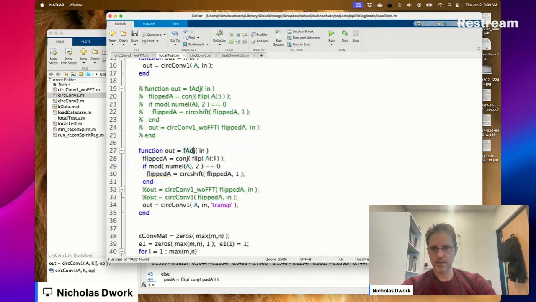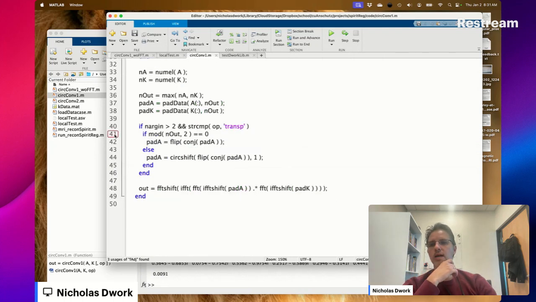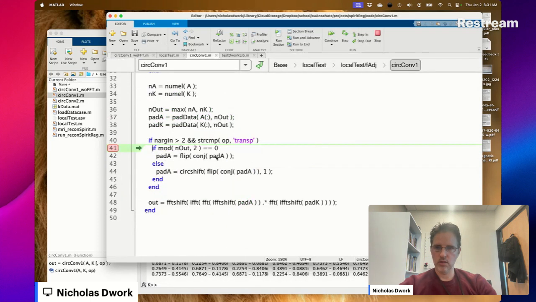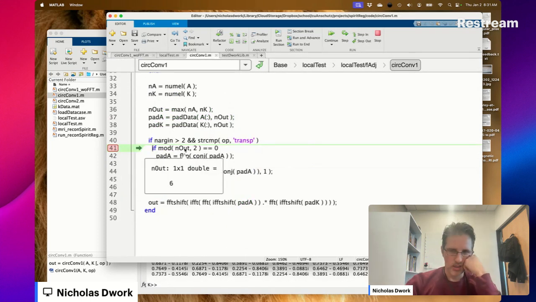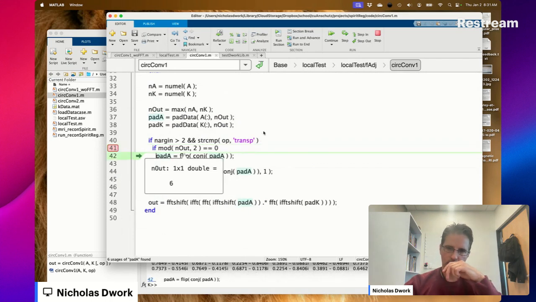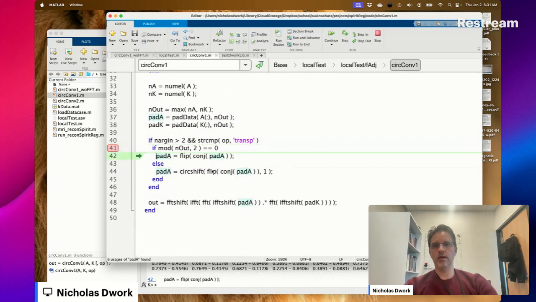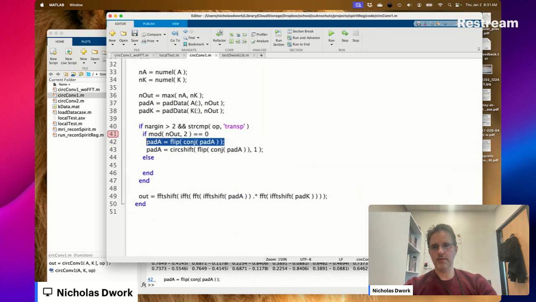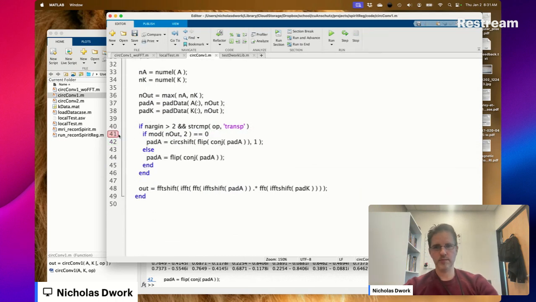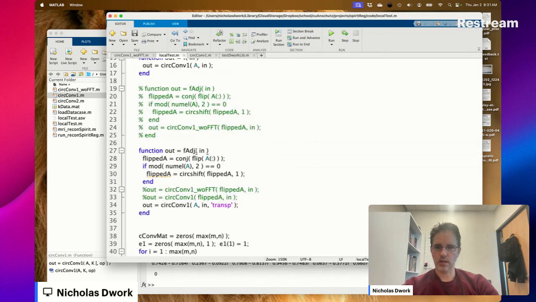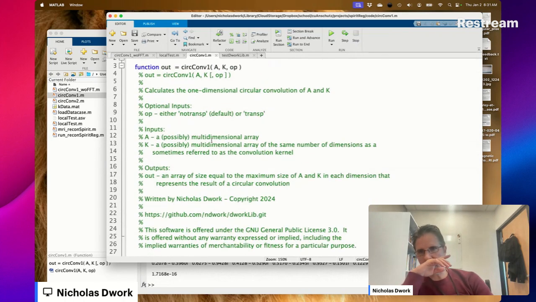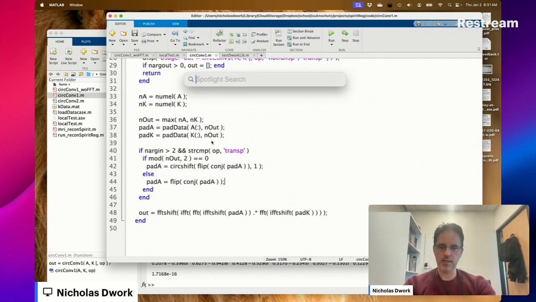I think that's going to be it. No. Wow. Okay. And n out is 6. So n out mod 2 is even. Oh, when we're even, we want to do the circular shift. There you go. Circ conv 1 is working and complete.